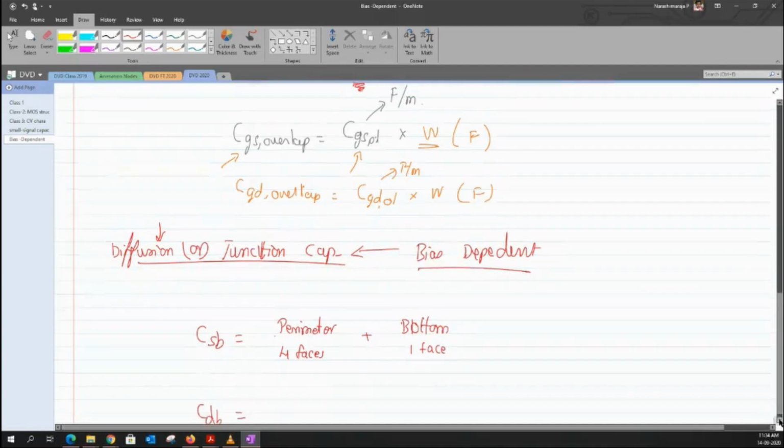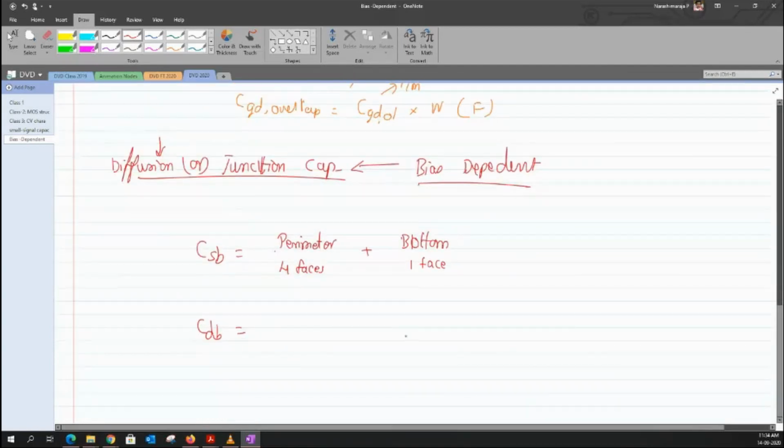So now in general, this capacitance can be written as the perimeter of the side wall multiplied with the capacitance CJSB-SW, where SW stands for side wall, and then the area of the bottom plate multiplied with a capacitance, which is CJSB.